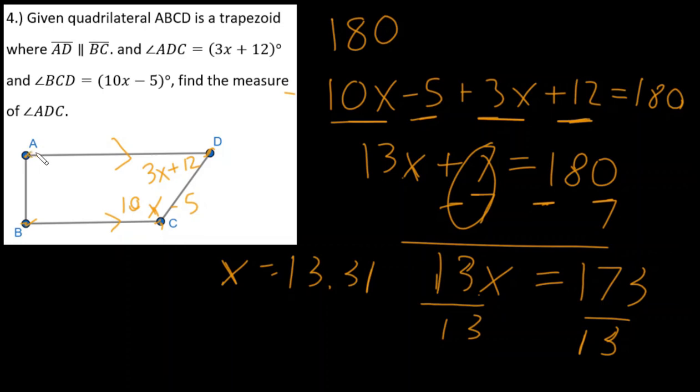And we see that A to D to C, this is in fact our top angle. And so we'll take that 3x, which of course we write as 3 parentheses, plus 12. And we're going to add in that 13.31. Let's see if I can squeeze that in.